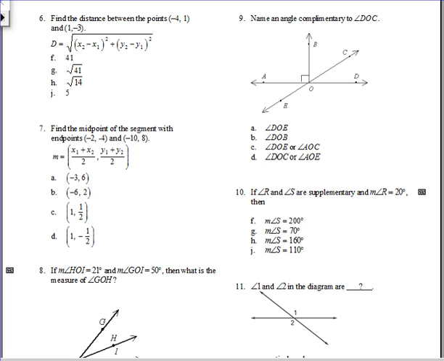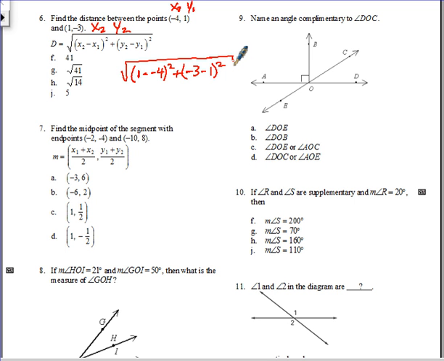All right. Number 6. Find the distance between the points -4, 1 and 1, -3. So we know that this is going to be x1, this is y1, this is going to be x2, y2, and so we just plug in. So x2 is going to be, in parentheses, 1 minus -4 squared plus -3 minus 1 squared.